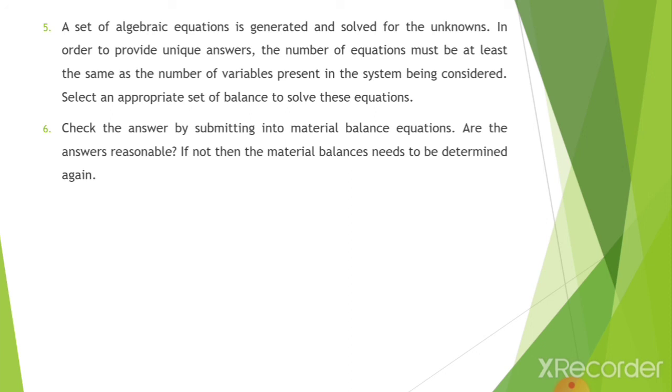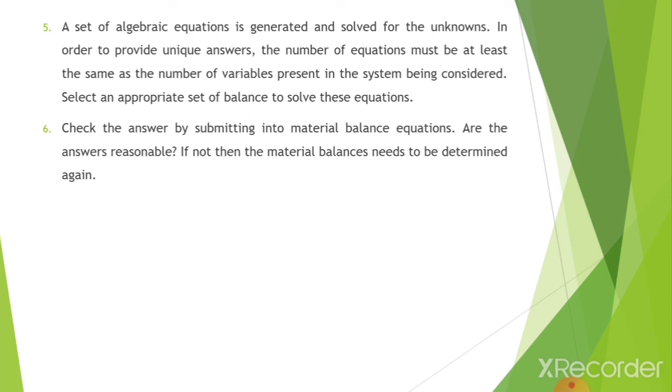Are the answers reasonable? If the answers are reasonable, meaning left hand side is equal to right hand side, that is mass in is equal to mass out, or energy in is equal to energy out, in that condition we can say that whatever the material or energy balance we applied on the system is true or correct.